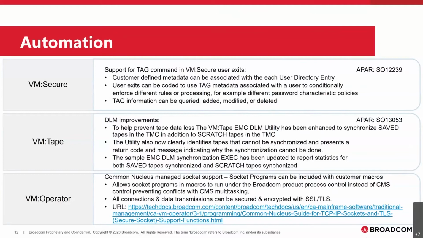The utility will try and do the work instead of you. So please know this can be automated. And just as an example, the execs are available to you, so you can take those sample execs and either utilize them or modify them to best suit how you want to run it within your organization.